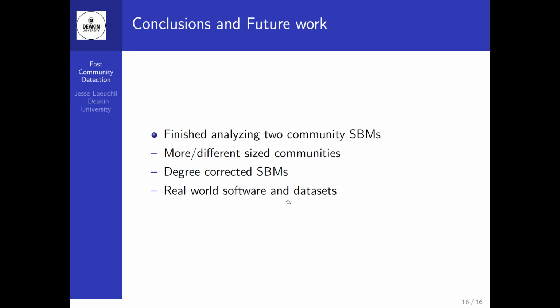We'd like to look at cybersecurity data and other domains, and see whether these data sets follow stochastic block models, or if we need to employ more powerful models for this sort of approach to work. All right, thank you.